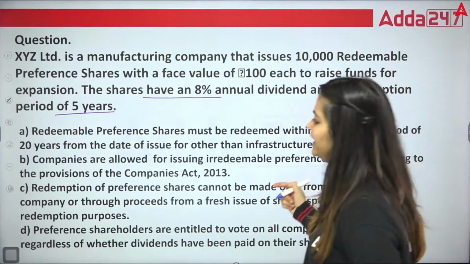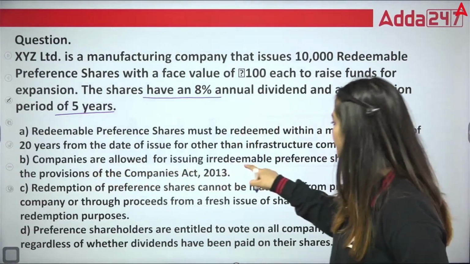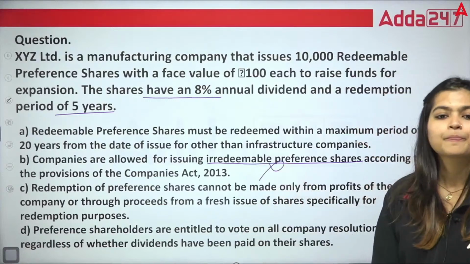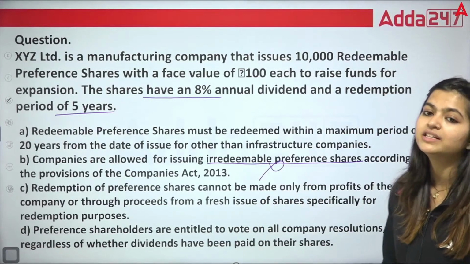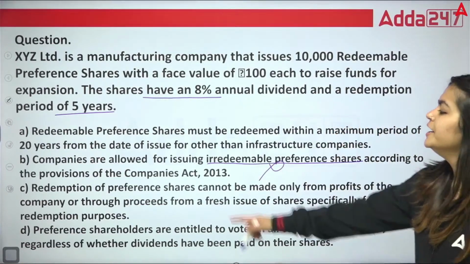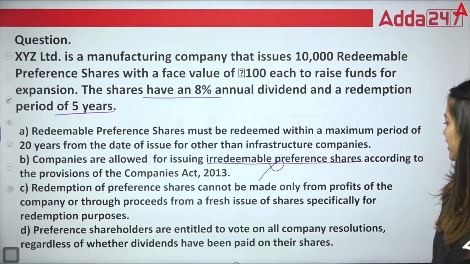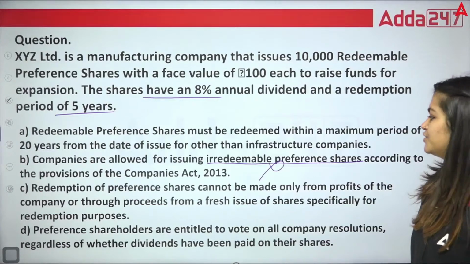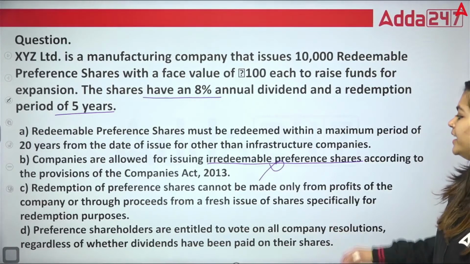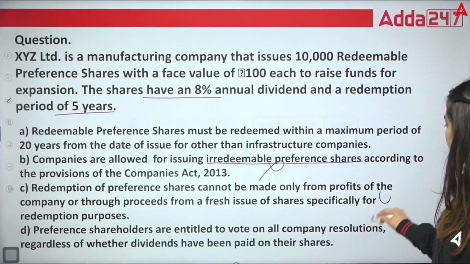So the companies are allowed to issue irredeemable preference shares, that is totally wrong. In India, no one can issue irredeemable preference shares. If we see the C option, redemption of preference shares cannot be made only from profits of the company or through proceeds from a fresh issue of shares specifically for redemption purposes. That is also false.